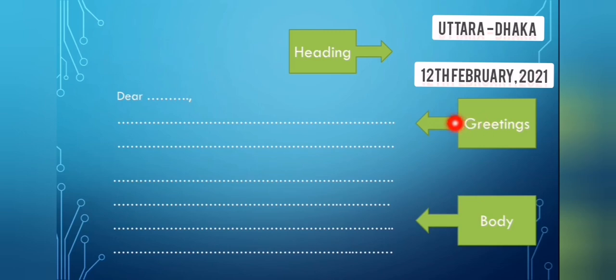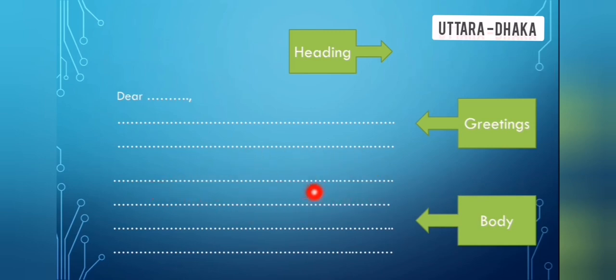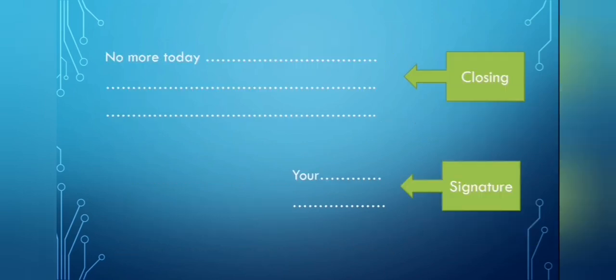As you can see, I am showing you here: Dear, if you are writing to your friend, and it could also be a family member, your parents. Then the body part. Here you are going to start the body of the letter. No more today, write to me soon.